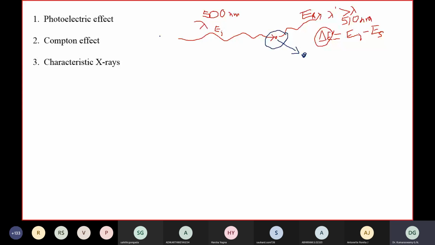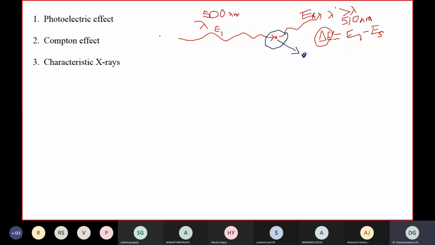Normally the K-shell, that is, the core levels, core orbitals. And the difference in energy is emitted as characteristic X-rays. Till then, this discrete nature of electron arrangement in orbitals was not proposed.